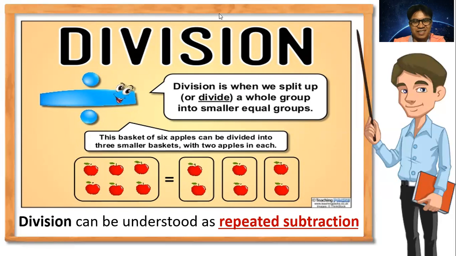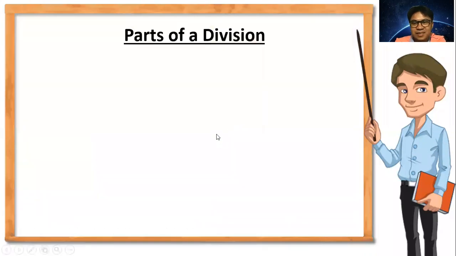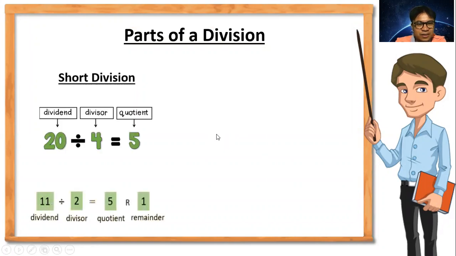You can see here the picture, the example here, 6 apples. If you group these apples into two, so there are 3 groups. So that is division. Okay. So these are the parts of the division. In short division, you can see here, the first number is called dividend.